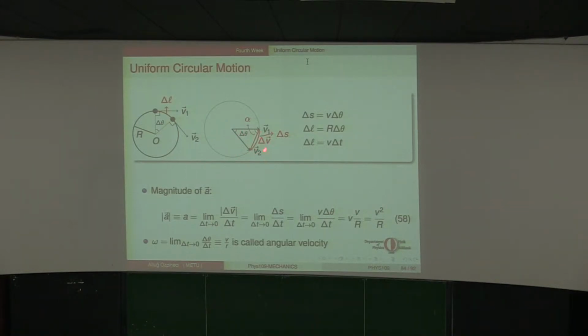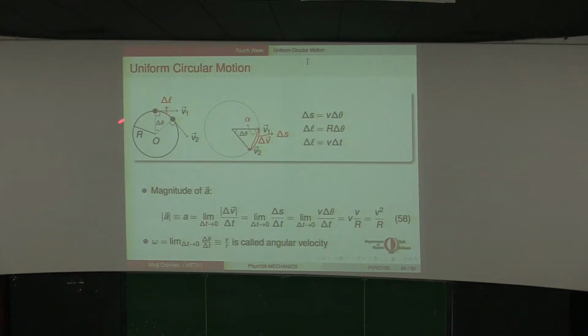So this delta s, the length of this arc, is the speed, which is the radius of this circle, times this angle in radians. So this delta s is v delta theta, and the acceleration is v delta theta over delta t. I should, of course, take the limit as delta t goes to 0.